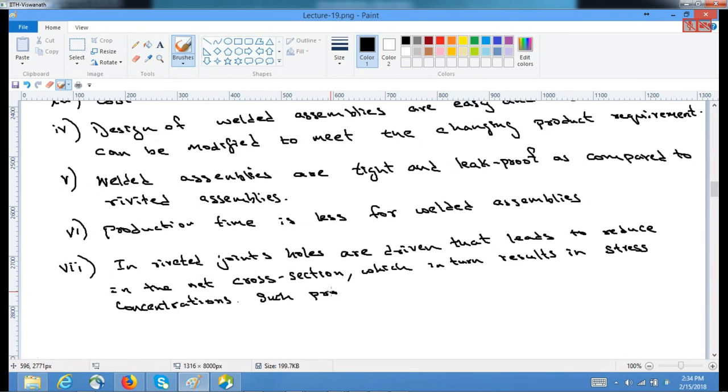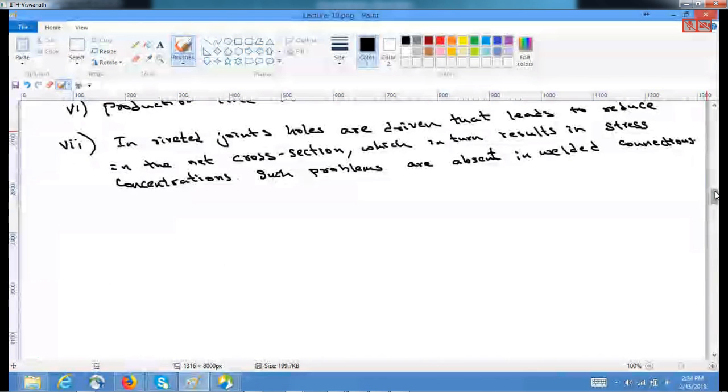Such problems are absent in welded connections because you are not driving any holes. Because we have seen that wherever we had a stress concentration, there we will have to include for several factors like notch sensitivity factor or stress concentration factor, and that will kind of make our design bulkier.